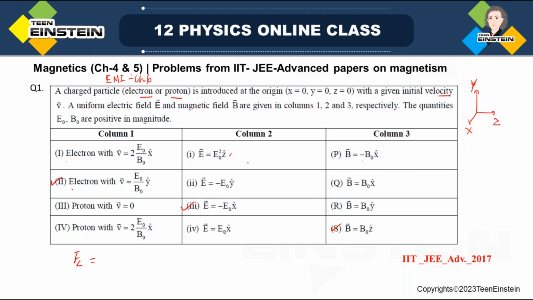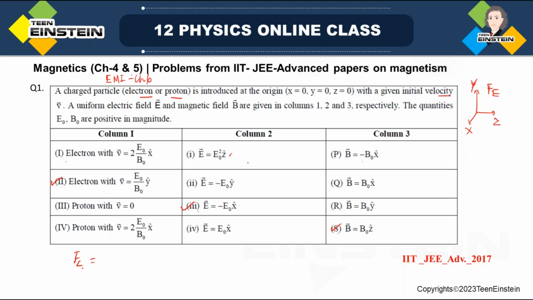See, the first option says 2, 3 and this. The charged particle is an electron, right? So if the charged particle is an electron, then the electric force will be along the y direction.